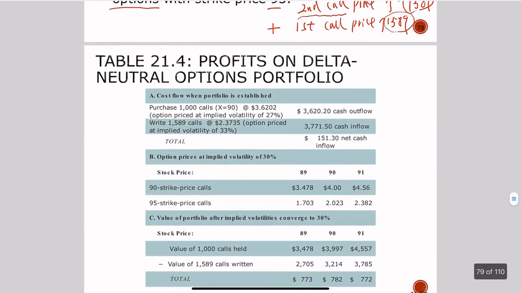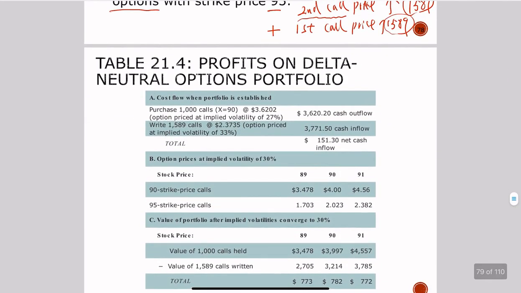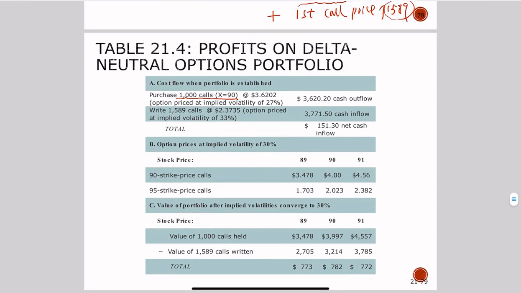Now we can verify this. Let's look at these numbers. Say you purchase 1,000 calls with the exercise price of 90, and you sell 1,589 calls with the strike price of 95.